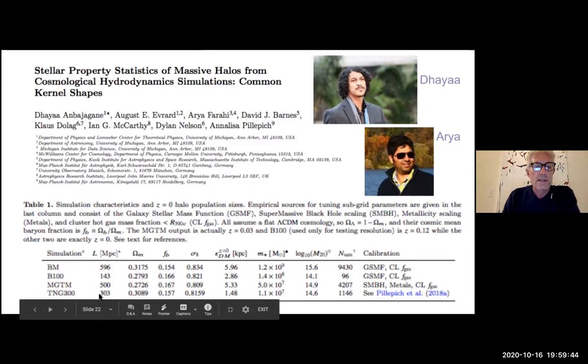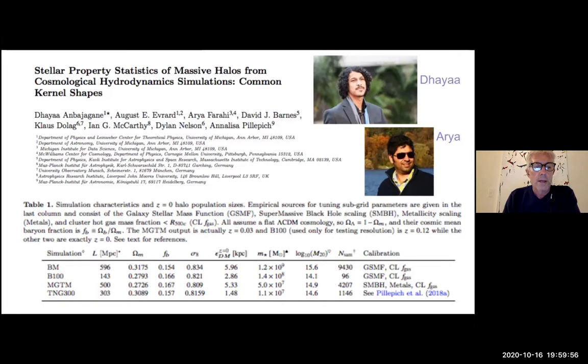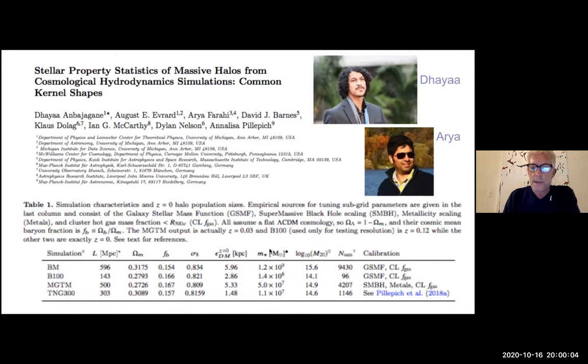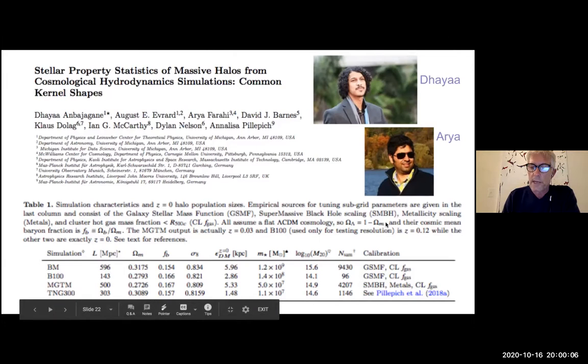They range in size by a factor of a couple, but they're all sort of big for this style of simulations. They're among the biggest hydrodynamic simulations that are available now. And so they cover a good fraction of a gigaparsec in size. So that's almost a billion light years, or over a billion light years in some cases.